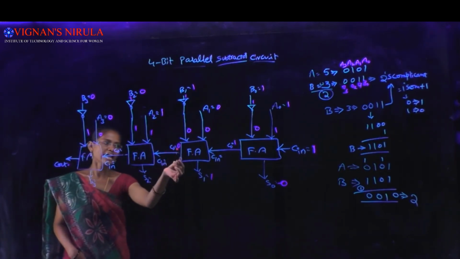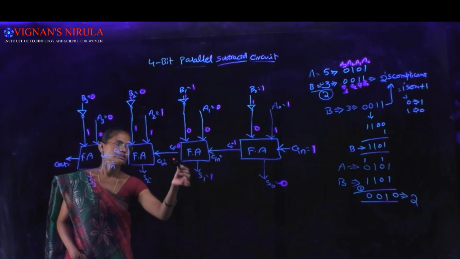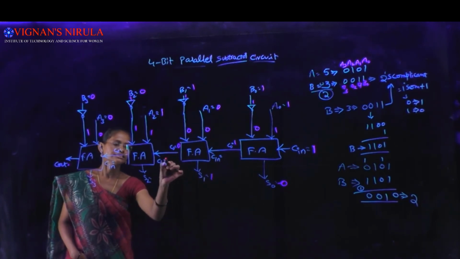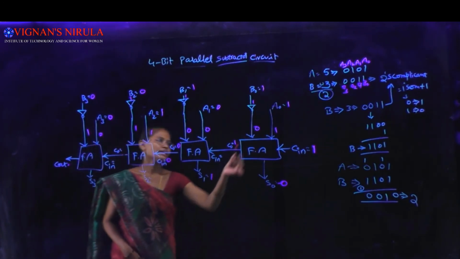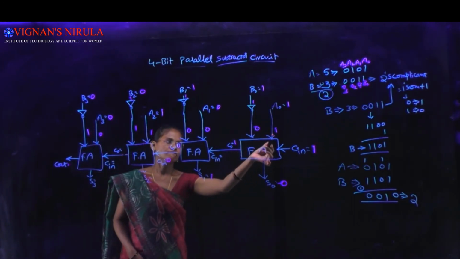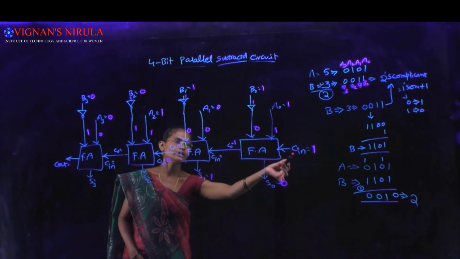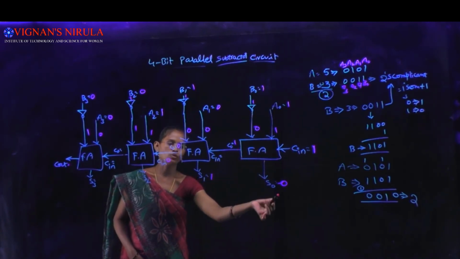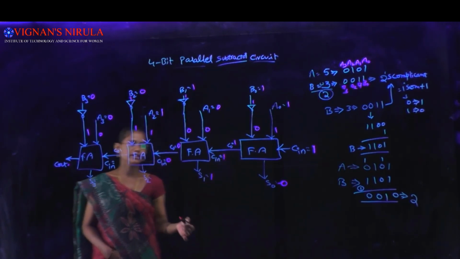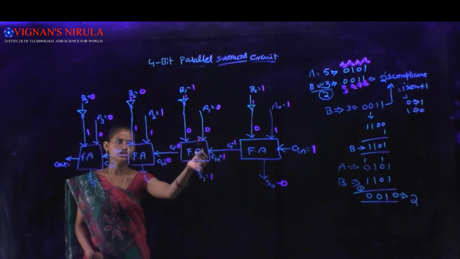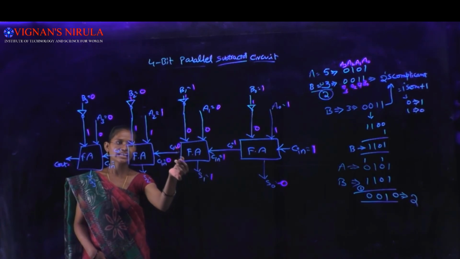Okay, next the carry out is taken to the third stage of the full adder. Here 0 plus 1 is 1, 1 plus 1, carry 1, sum 0. Okay, this carry out is connected with the next stage of the full adder. 0 plus 0, 0; 0 plus 1, sum is 1, carry is 0.